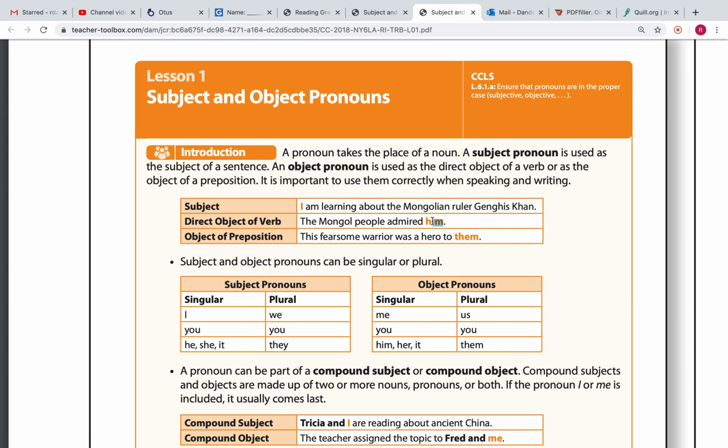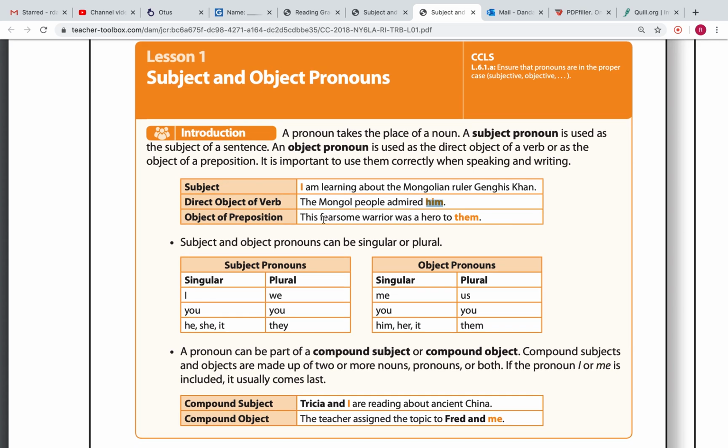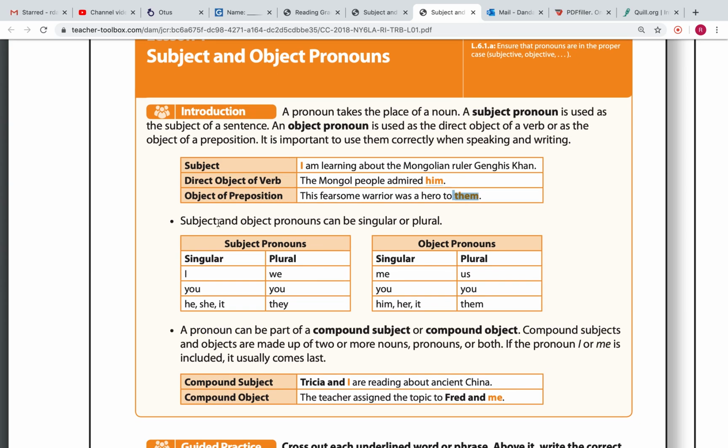Him is a direct object of this verb, admired, right? Him is the person who is being admired. So the word him is the direct object of the verb. In the sentence, this fearsome warrior was a hero to them, the word them in this sentence is the object of preposition.